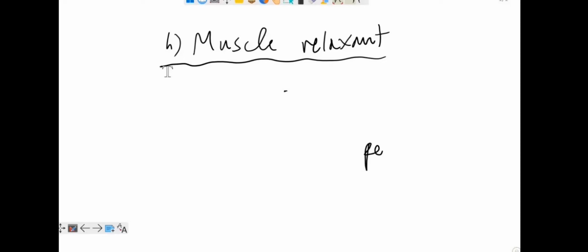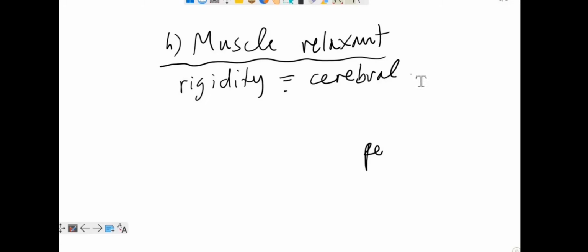Therefore, they are used to treat certain types of rigidity, especially due to cerebral palsy, or damage to the brain. Yet they are used for certain types of skeletal muscle rigidity in patients with cerebral palsy. Okay? Yet these are most important pharmacological action.